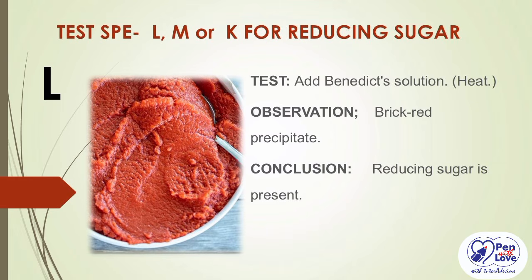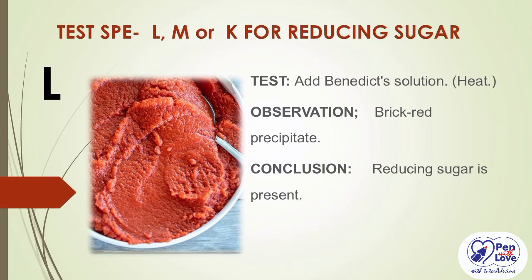When you crush it, they can ask you to add a small water. We have one specimen that is water. So they can ask you to put it on the white tile, then you add iodine solution. What is going to be your observation? Blue-black coloration. And what's the conclusion? Starch is present.